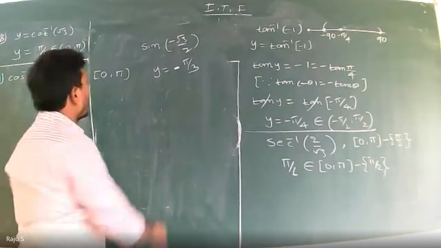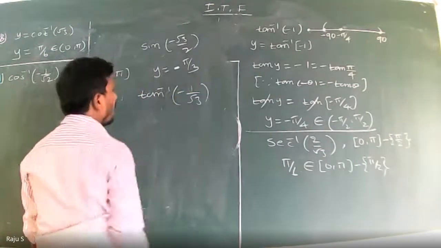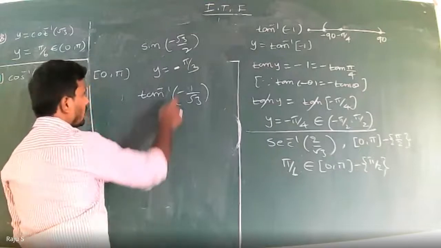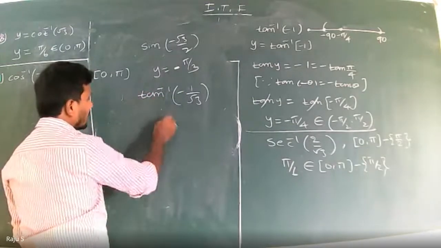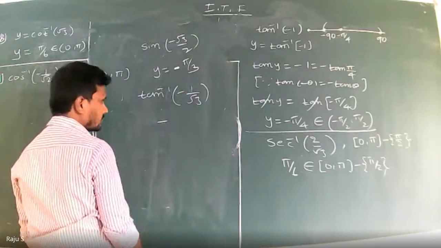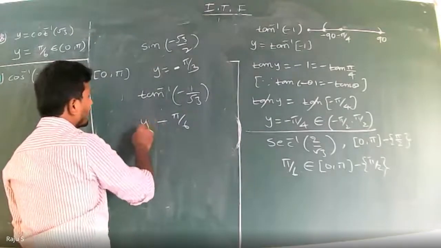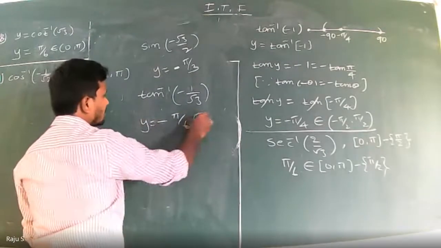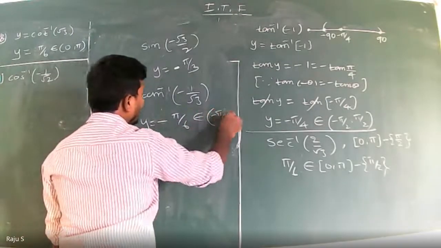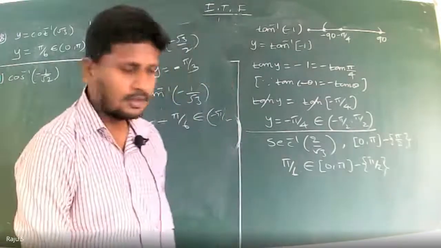That's it. Tan of minus 1 by root 3: tan is an odd function, so the angle will be minus, and 1 by root 3 is pi by 6. Am I right? This is the answer, which clearly belongs to minus 90 to 90, but for cos you should not take that. Cos is even. Okay, fine.